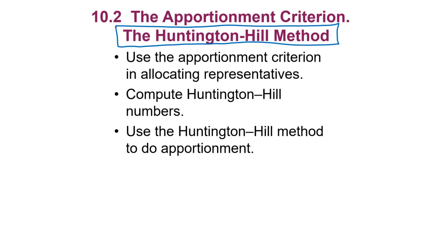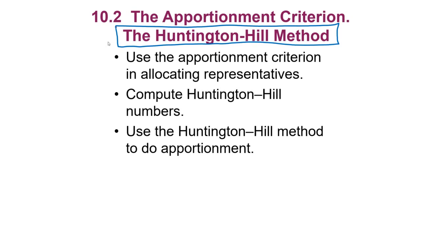I do not ask about the apportionment criterion on the test because it's very complicated, but you have at least one homework with this method, so that it helps to understand how the Huntington-Hill method works, but it involves much more work. So the important thing is that you know how the Huntington-Hill method works.